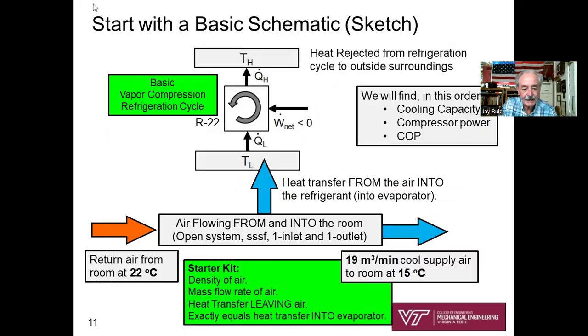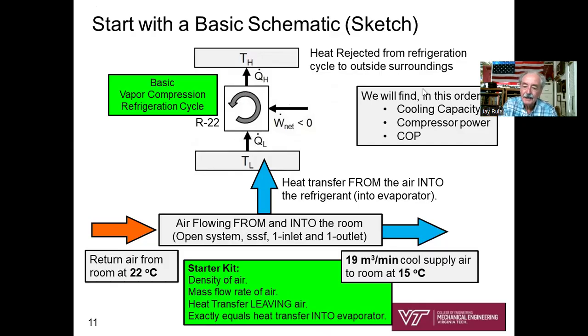Up here, we've got a system operating in a cycle that you've covered in chapters 5 and 6, more than chapter 10. The working fluid in this black box refrigeration cycle is refrigerant 22. Properties are in the back of the book.